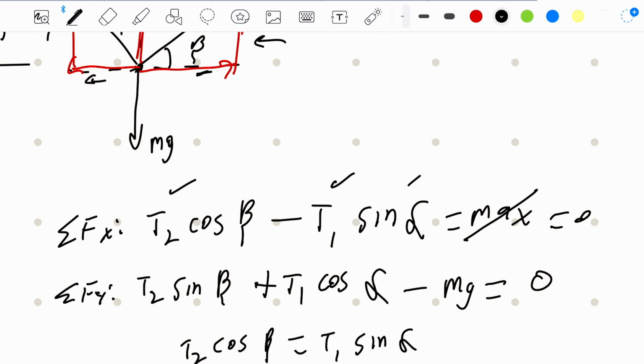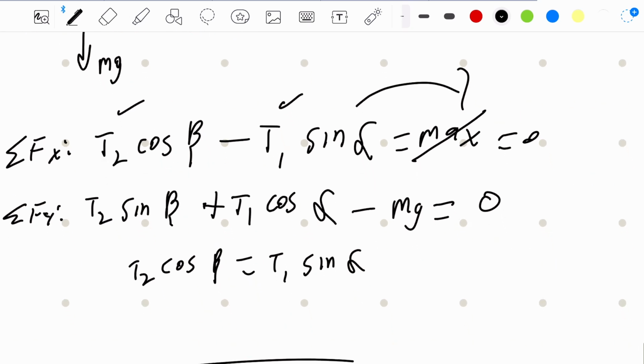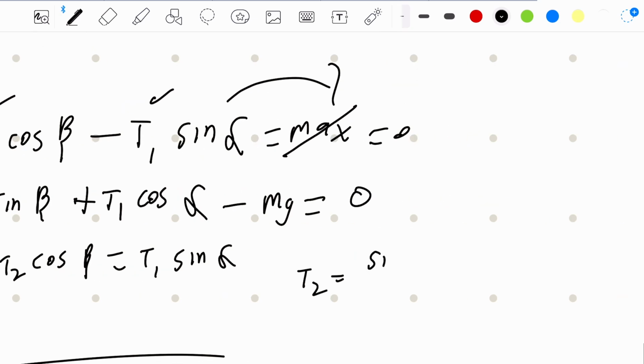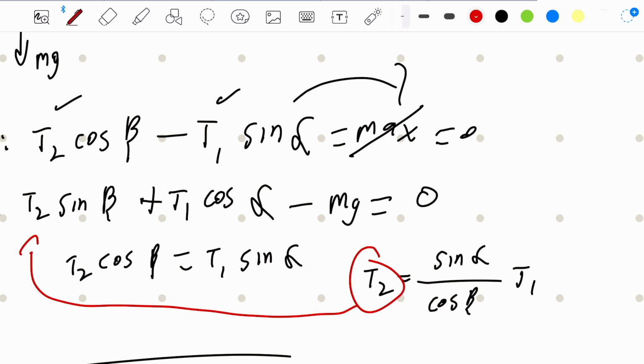I'm just going to move this over to this side, and I'll solve for T2 first to make it a little easier on us later. So we'll do T2 is equal to sine alpha divided by cosine beta times T1, and now we can plug this T2 back into here.